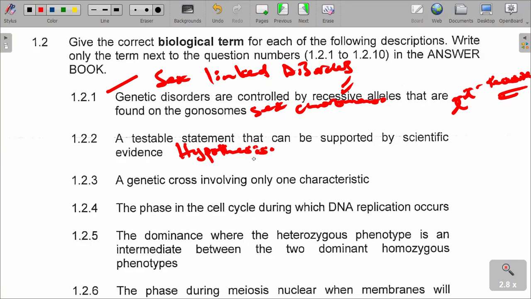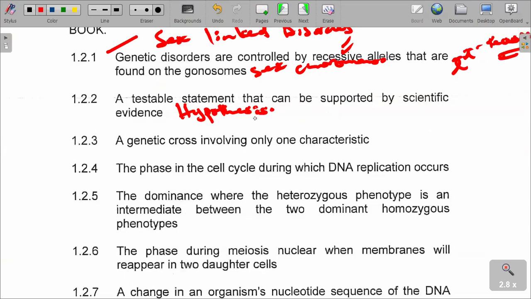When research is done, we are finding scientific evidence to either support or dispute the statement. So a testable statement that is supported by scientific evidence is actually a hypothesis that you need to know, because it is supported by the research findings, which are facts based on scientific evidence.